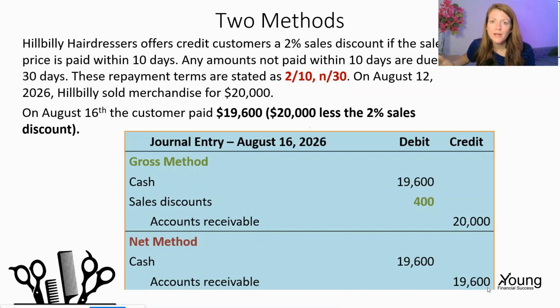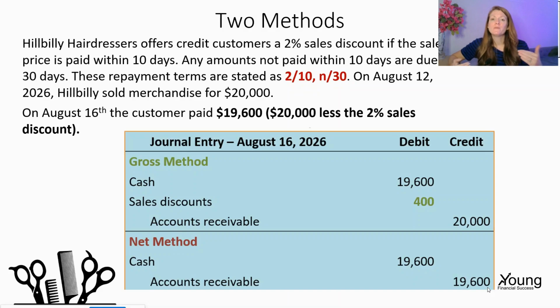Because if we only credit accounts receivable for $19,600, it's going to have a $400 balance in there, making it look like somebody still owes us when they don't. We gave them a discount. So you have to make sure you credit accounts receivable for the full amount that you debited it for. The difference, the sales discount of $400, is a debit that will reduce our net revenue.